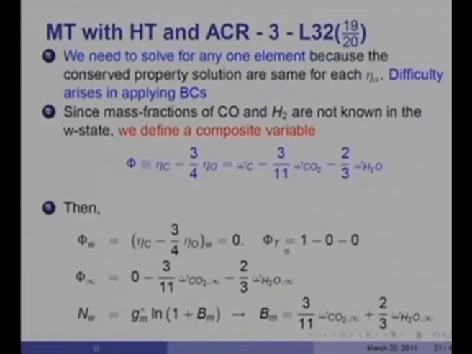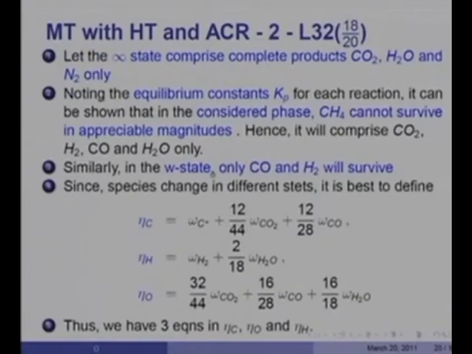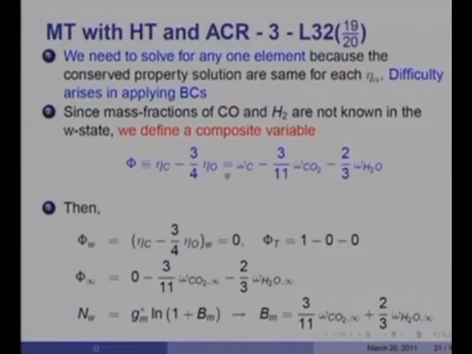So, the best thing is to derive a composite quantity, which we shall take as eta C minus 3 by 4 eta O, and from this relationship you will see that I can form a new variable omega C minus 3 by 11 omega CO2 minus 2 by 3 omega H2O.